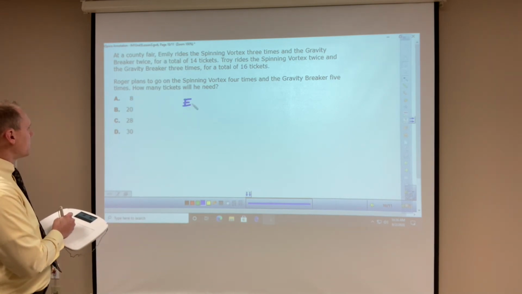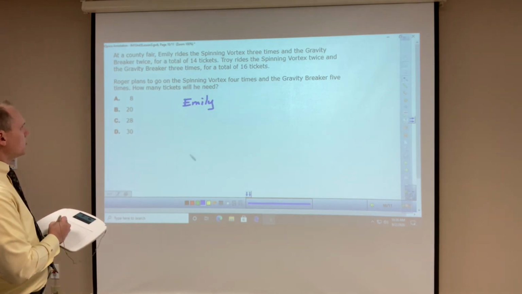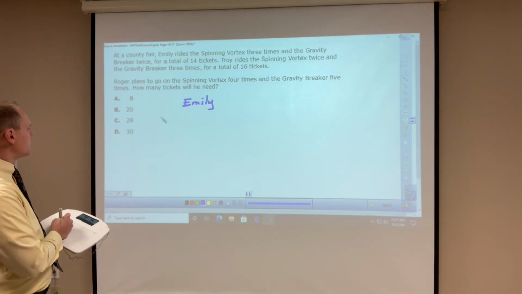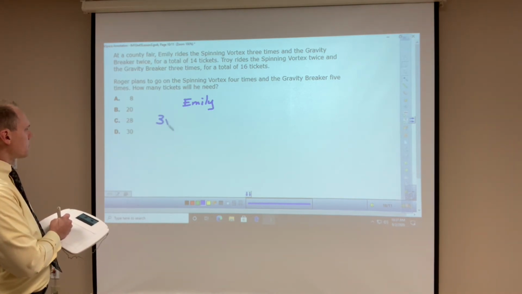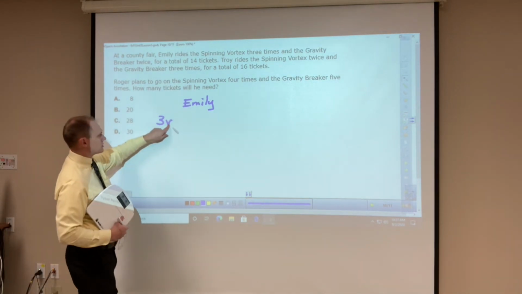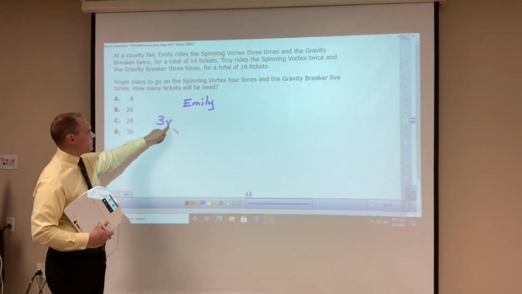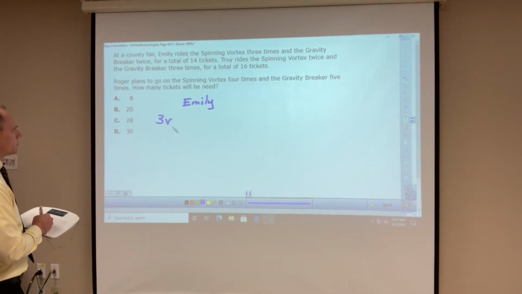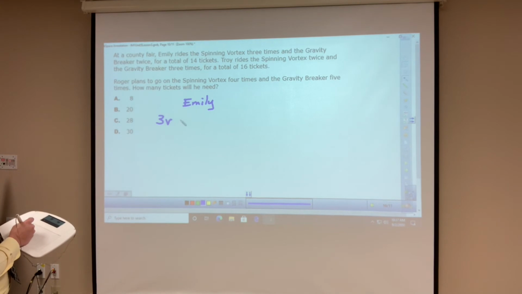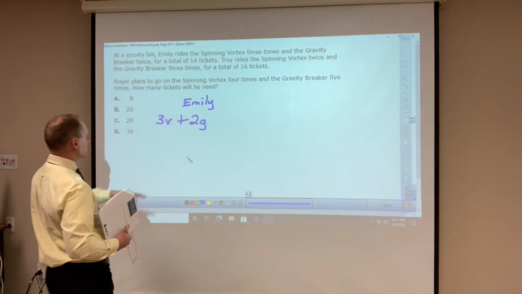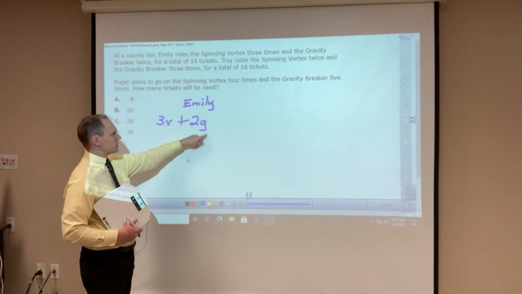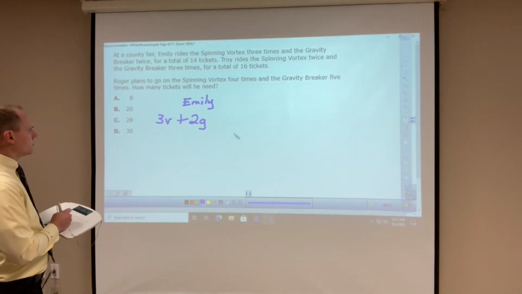So let's take our first situation here, Emily. So we're going to come up with an equation for Emily. Emily rode the spinning vortex 3 times. So however many tickets it cost her to do the spinning vortex, we're going to multiply that by 3. So the V represents the number of tickets required for the spinning vortex. Plus, but she did the gravity breaker twice. So 2 times, we'll say G for gravity breaker. So the number of tickets for the vortex and the number of tickets required for the gravity breaker.